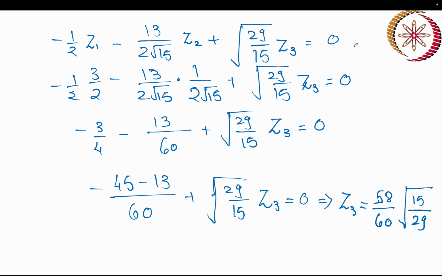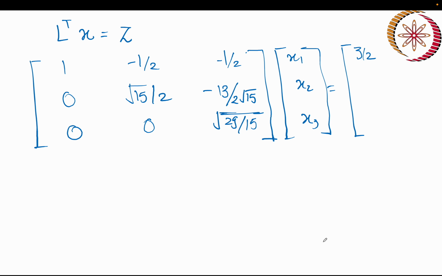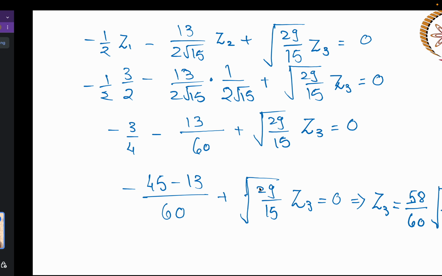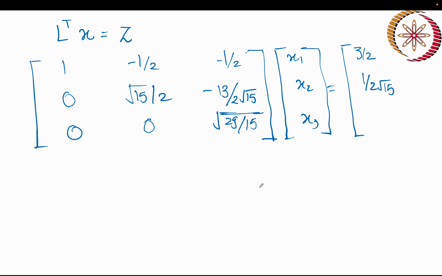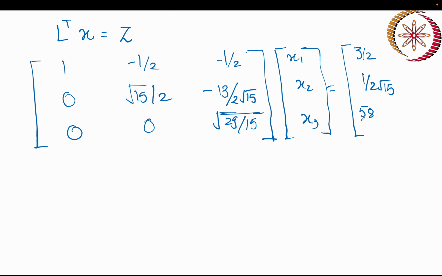So z1 is 3 by 2, z2 is 1 by 2 root 15, and z3 is 58 by 60 square root of 15 by 20. Okay, so now we'll go to the back substitution.